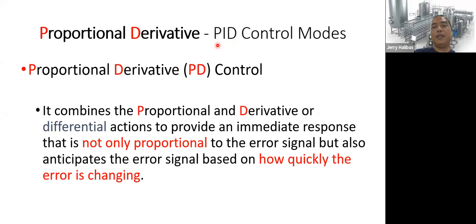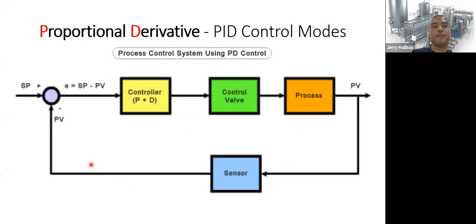The P is present, the I is yesterday, the past, and the D is the future. So, anticipate. Okay? I hope you can relate it into layman's terms.